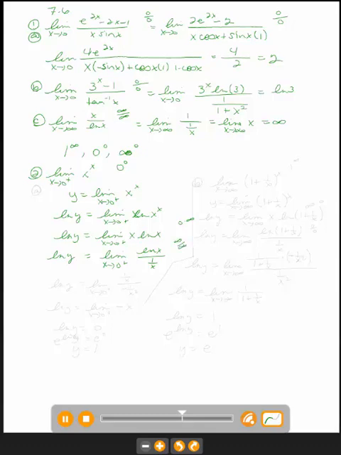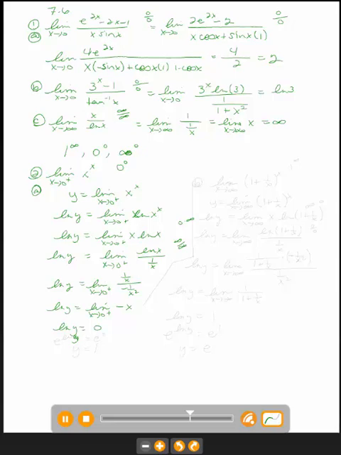So you can use L'Hopital on it. And so I have the limit as x approaches 0 from the right-hand side of 1 over x over, this is going to be negative 1 over x squared, which then just turns into negative x. And as x heads to 0, you get 0, so the natural log of y is equal to 0.